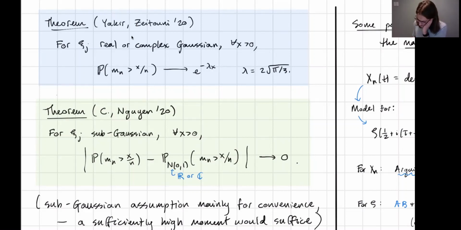Their result says that this minimum modulus, when you scale up by n, converges to an exponential random variable of rate 2√π/3. That's for real or complex Gaussian, and then we extend this to any sub-Gaussian variable.